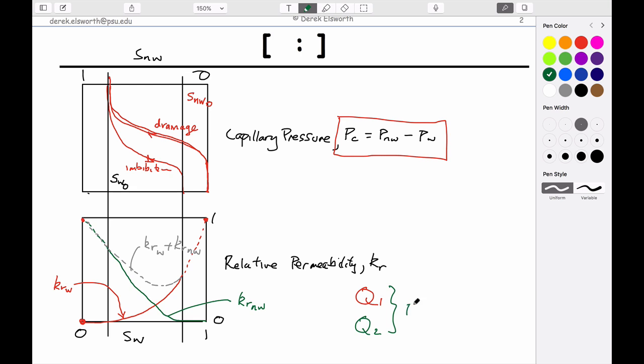So this is flow rates, and this is architecture of the system. So maybe not such straightforward ways of looking at things, but something that we need to be able to deal with because we'd like to say something about how quickly we can flow fluid through here.